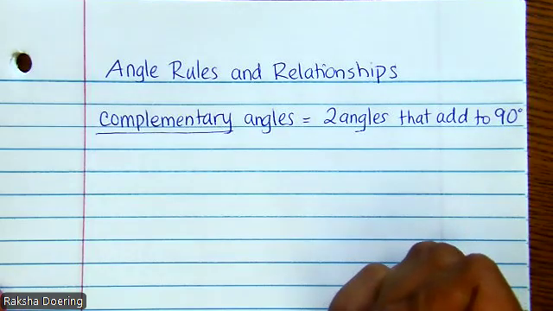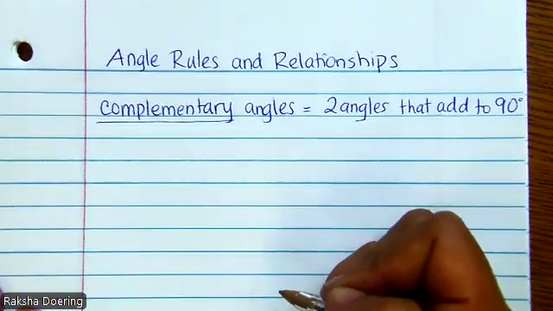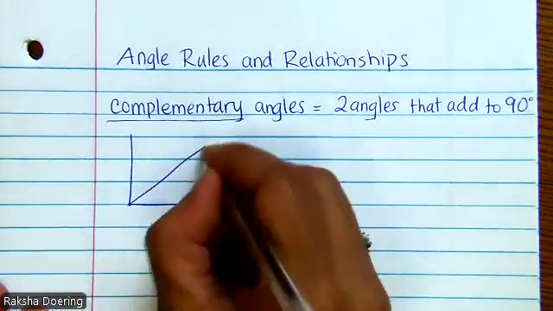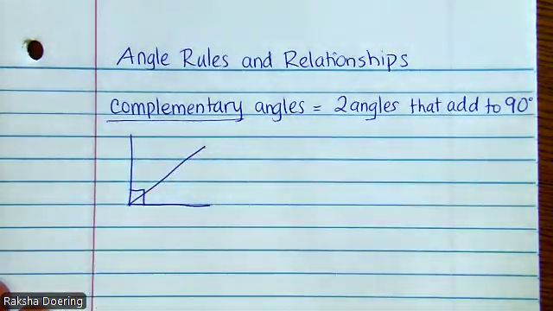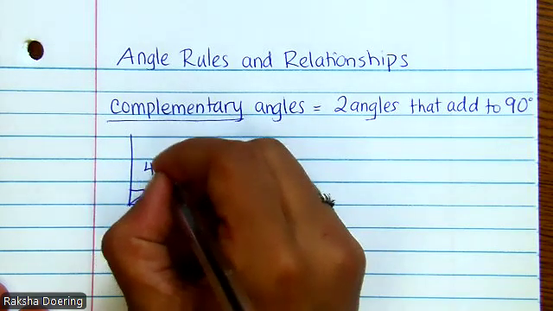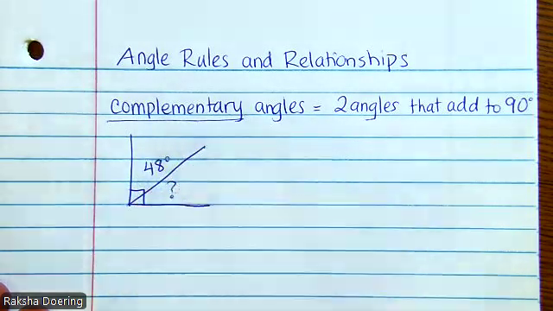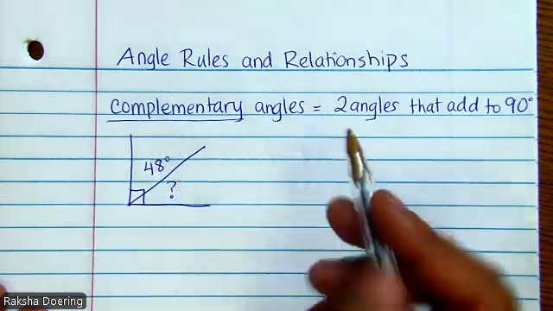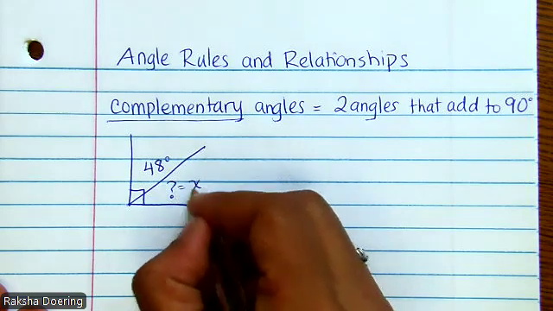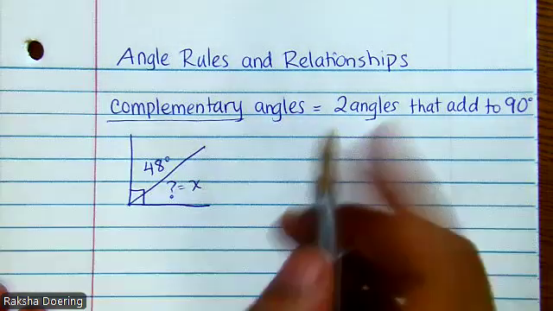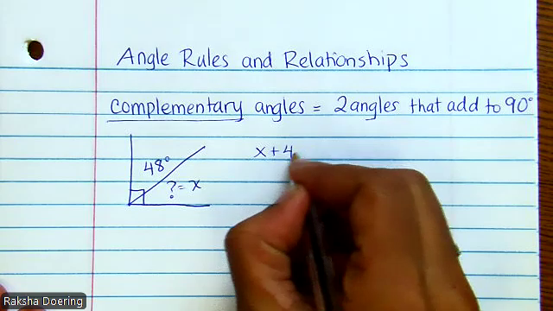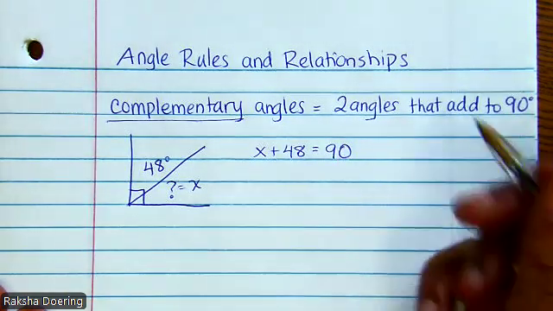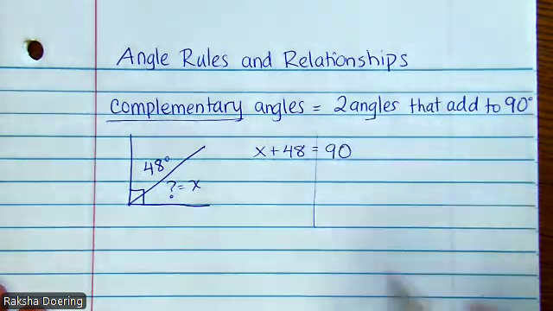So the way this could show up in a problem is if I know that I have two angles here that add up to 90 degrees, and this one is 48 degrees, and I want to find out what that one is, then I could write an equation based on this. I'm going to make this one x, which is my unknown. So I'm going to say x plus 48 equals 90. And then to solve that, I would draw a line through my equal sign.